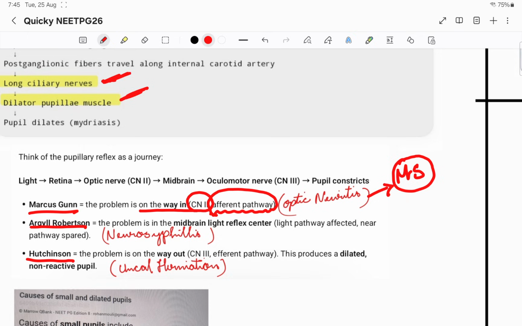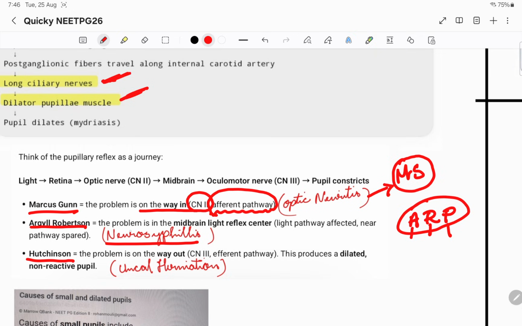Then coming to Argyll Robertson pupil, this is neurosyphilis, a complicated case of syphilis. The name itself tells you: ARP, Argyll Robertson pupil, meaning the accommodation reflex is preserved, whereas the pupillary light reflex is affected.